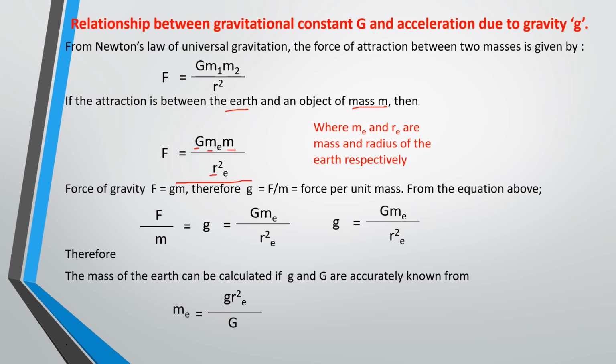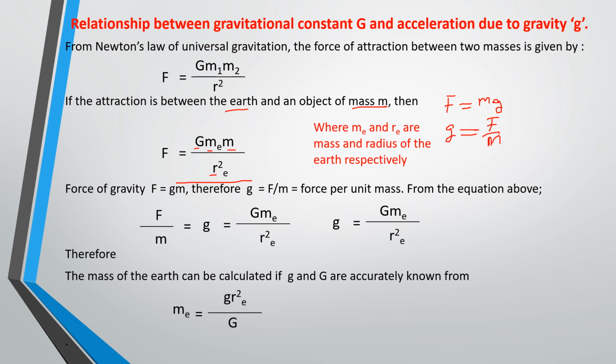Now we remember that from our equation of force, the weight of an object is equal to what? mg. You can remember this when we discussed force of gravity. So from there we say that g is equal to force over unit mass.